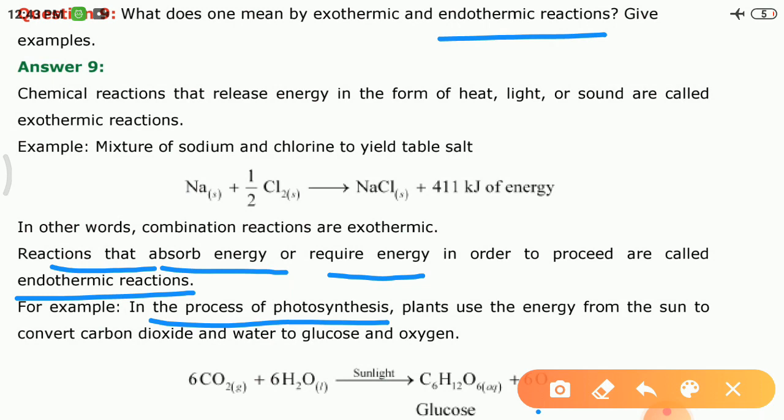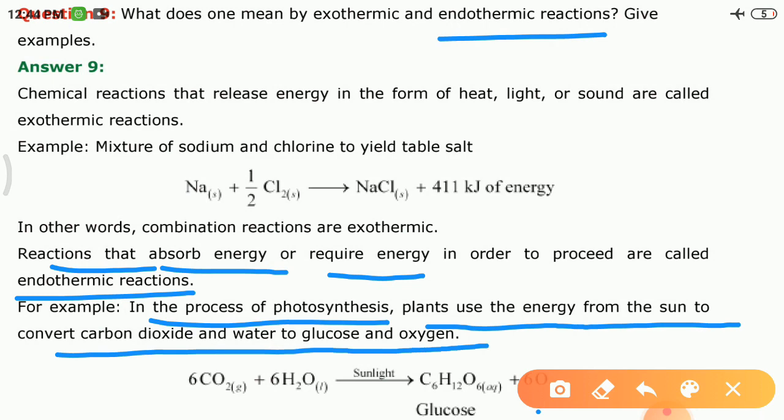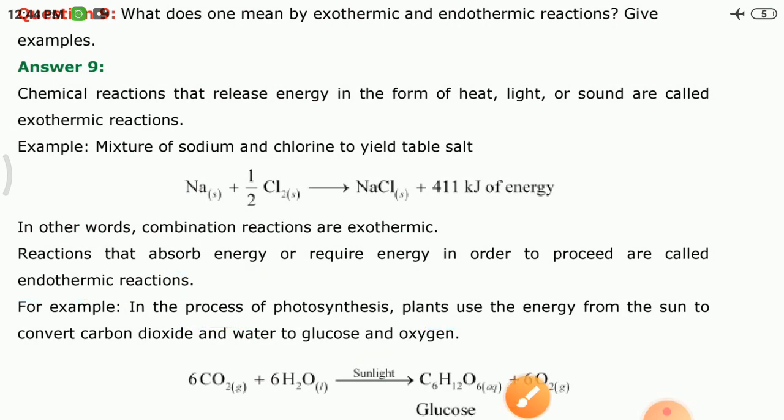So in the process of photosynthesis, plants use the energy from sun to convert carbon dioxide and water to glucose and oxygen. So here 6CO2 plus 6H2O liquid, in the presence of sunlight, changes to glucose C6H12O6 aqueous plus 6O2 in the form of gas.